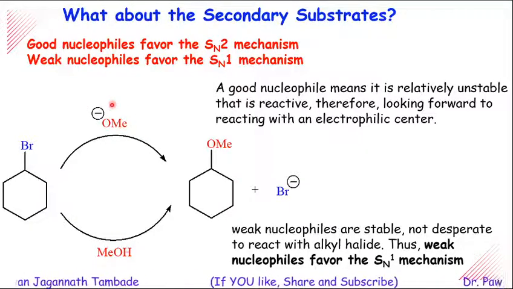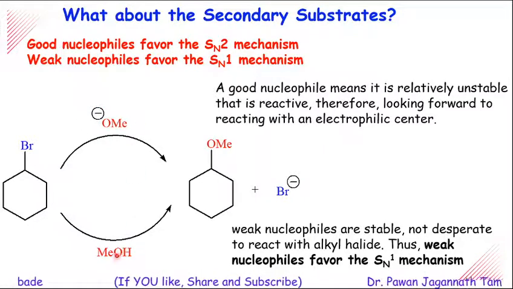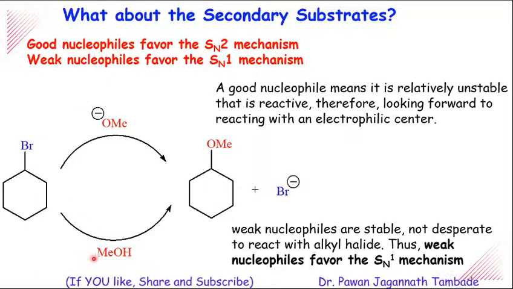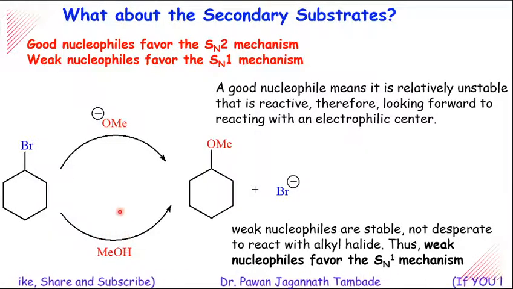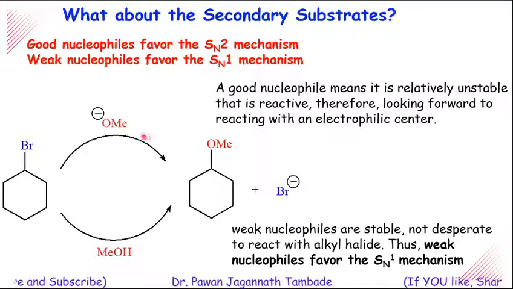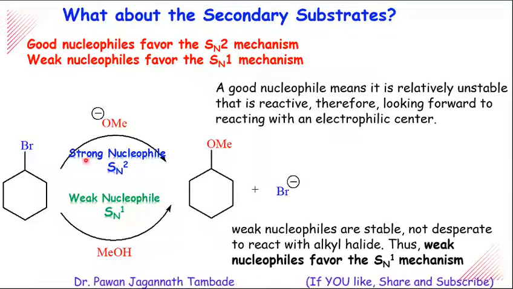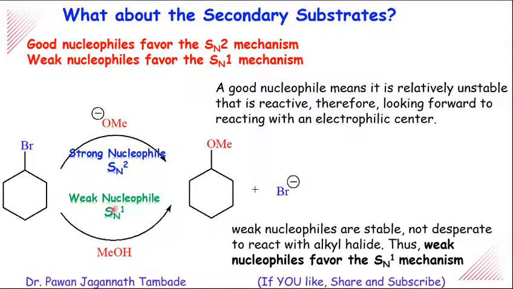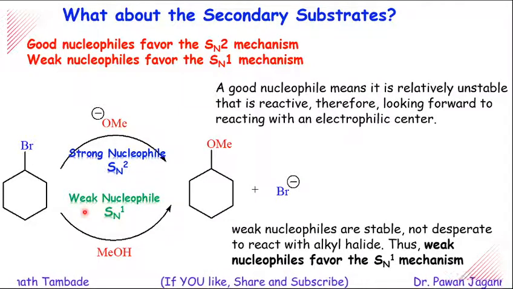In this case, methoxide anion is acting as a stronger nucleophile, and in this case methanol is acting as a weak nucleophile, and as a consequence the first reaction will proceed through SN2 path because of presence of strong nucleophile, and this will proceed through SN1 path because of involvement of weak nucleophile.